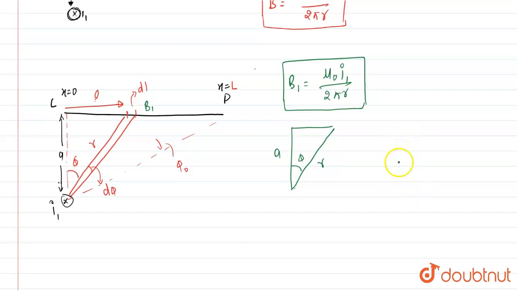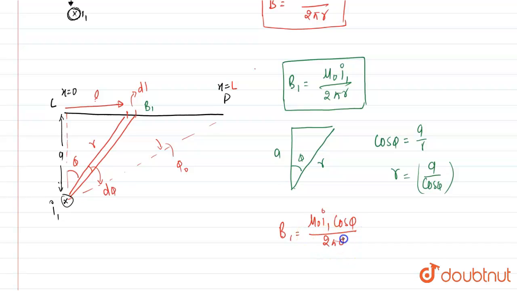So cos phi is equal to a upon r, and r is equal to a upon cos phi. So we get the magnetic field B1 equal to mu naught I1 cos phi upon 2 pi a.